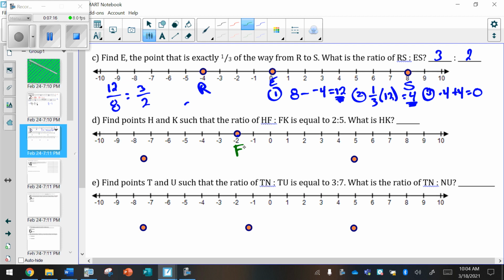So the ratio from H to F has to be 2, and the ratio from F to K has to be 5.